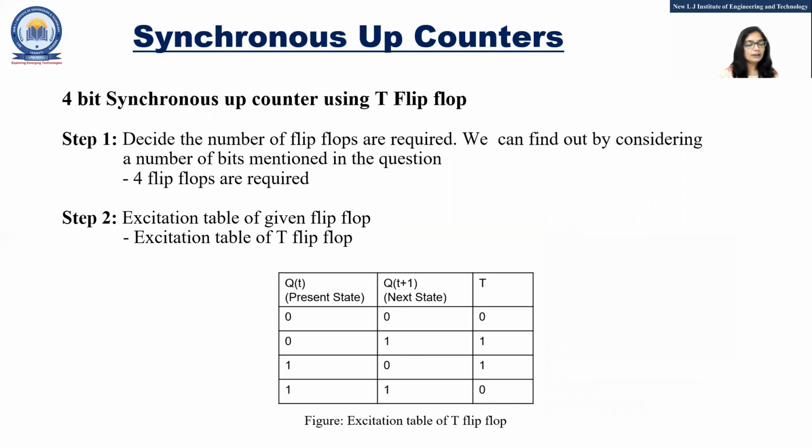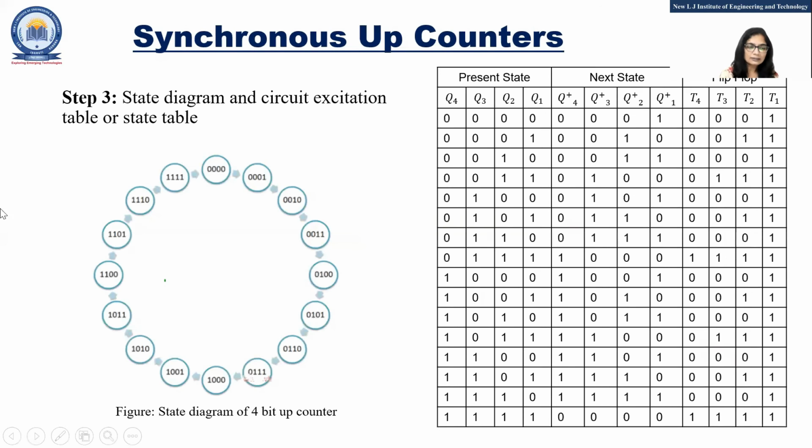Fine. Now next, the 4-bit synchronous up counter using T flip-flop. The steps will be the same; you have to follow the same steps. With the T flip-flop excitation table, for 4 bits you have to use 4 flip-flops. Then this is the state diagram: 4 bits are there, so possible combinations will be 16, from 0, 0, 0, 0 to 1, 1, 1, 1.